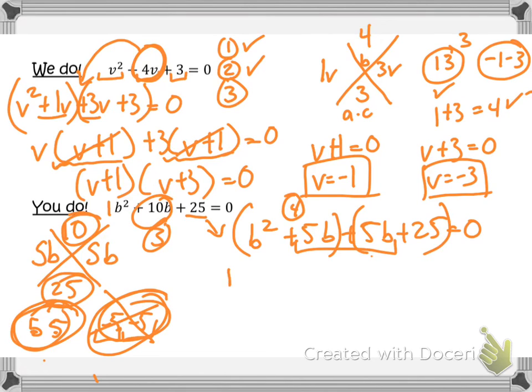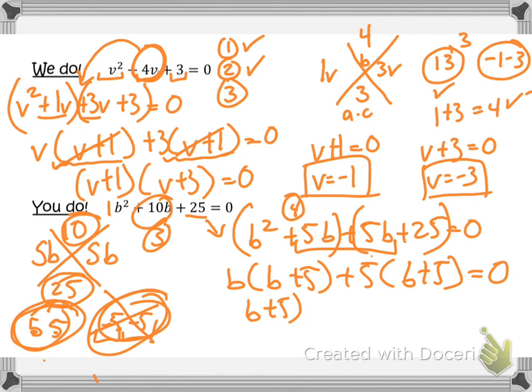So let's factor out a B, and I'm left with B plus 5. Factor out a 5, and I'm left with B plus 5. Let's go ahead and factor out the common binomial, B plus 5 and B plus 5. They're both the same equations. I can just write B plus 5 is equal to 0, B is equal to -5.